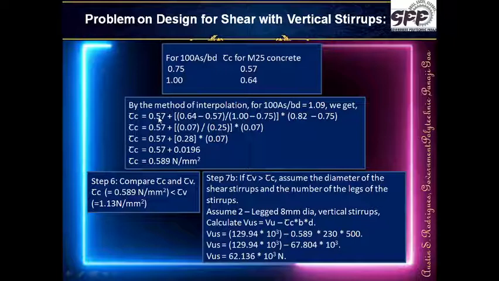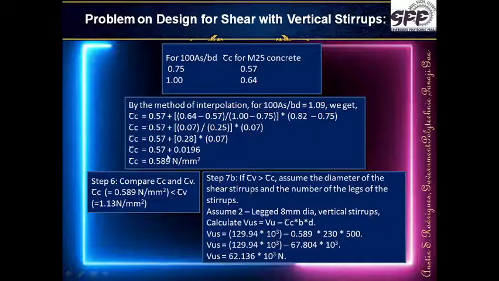Look at this, 0.57 the smaller one plus difference between these two, 0.64 and 0.57, divided by, in the same sequence, difference between these two, that is 1 and 0.75, multiplied by 0.82 minus 0.75. So when we solve this we get the value of tau c as 0.589.